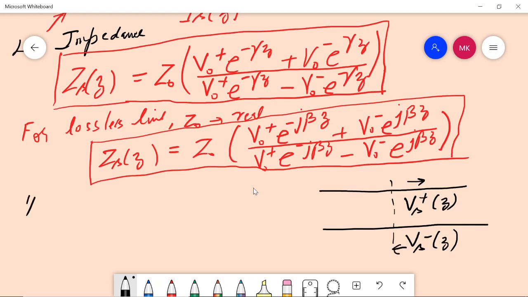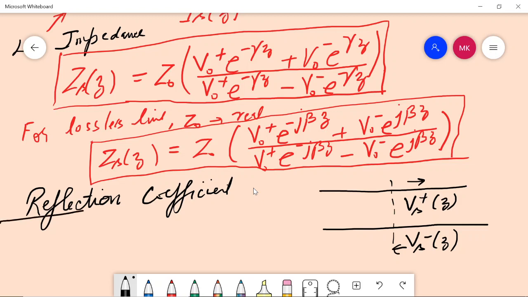So here the reflection coefficient gamma is a function of z also, because we are watching at a particular z. In general, it is a function of z, and we are saying that this is at that particular z.